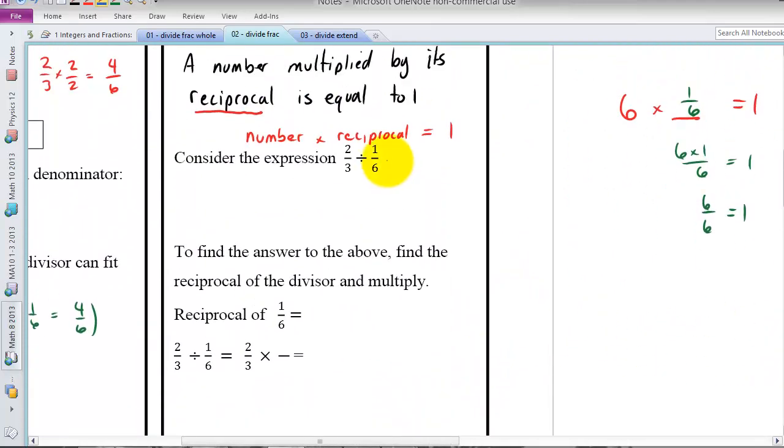Consider the expression 2/3 divided by 1/6. To find the answer, find the reciprocal of the divisor and multiply. The reciprocal of 1/6 is 6, since 1/6 times 6 equals 1.